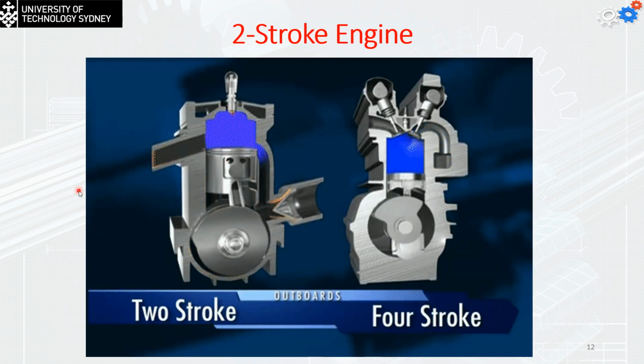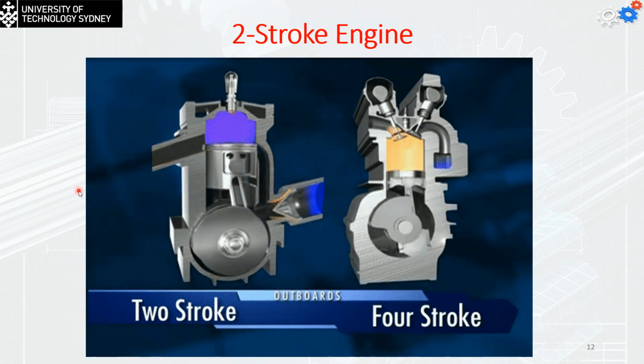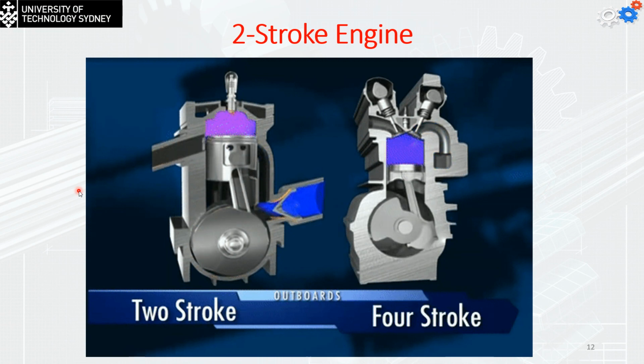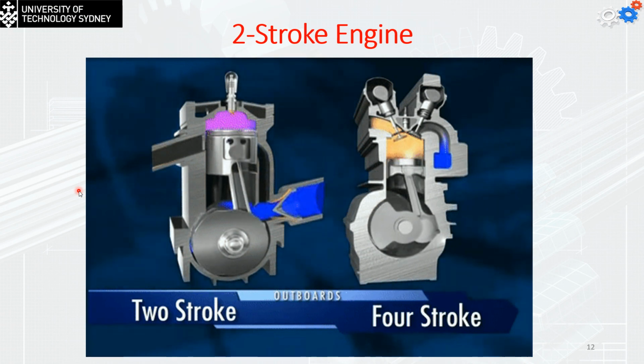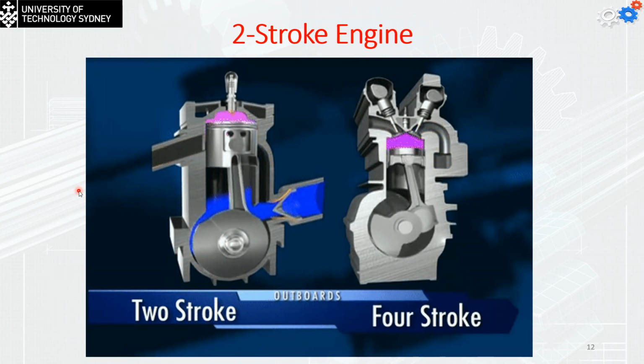So this is the difference between the two-stroke engine on the left and the four-stroke engine on the right. We can see that in the four-stroke engine, we have two moving valves, and this simply adds the extra two strokes to the engine.